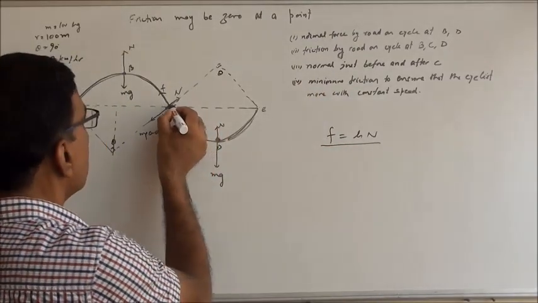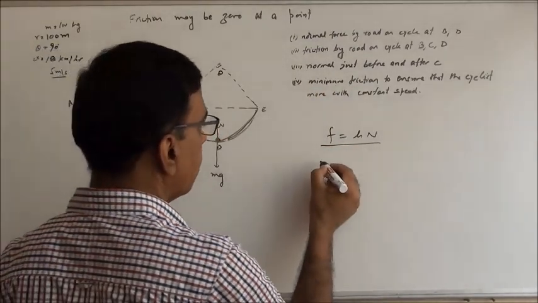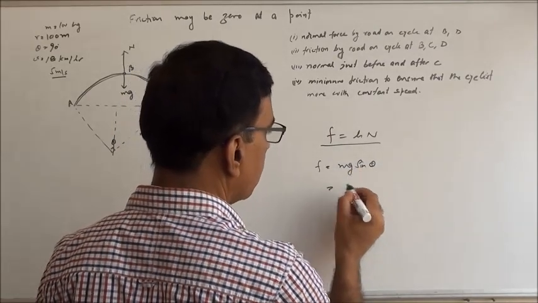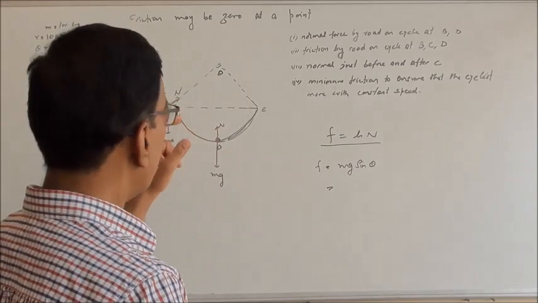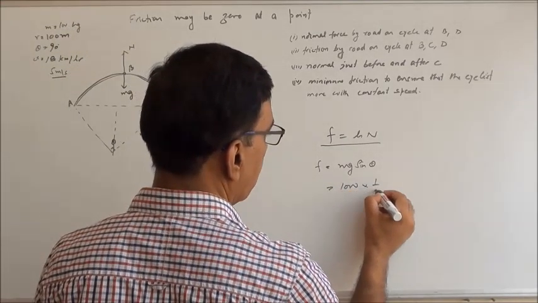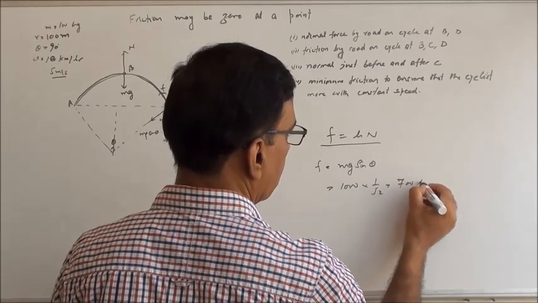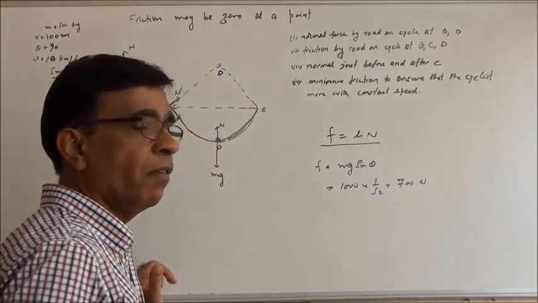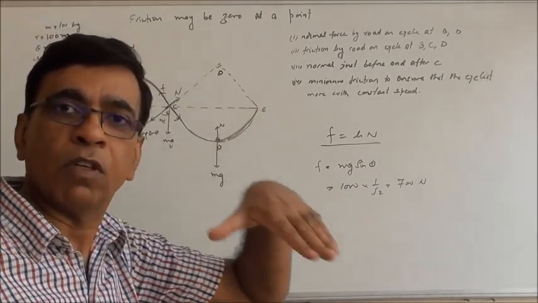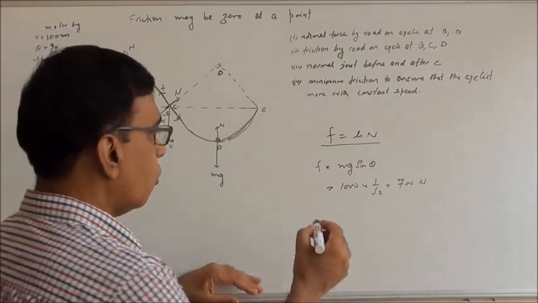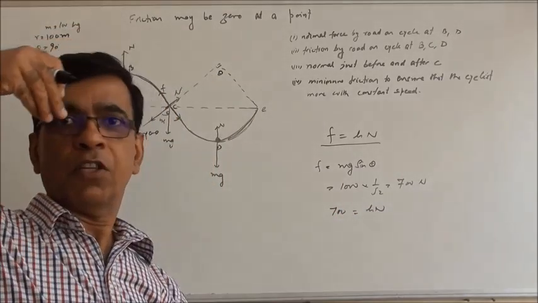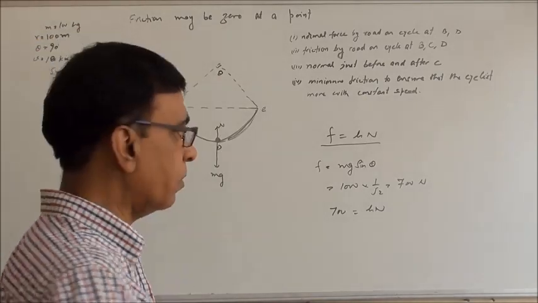What is the frictional force acting at any point? F is mg sin theta, because it is moving with constant speed. At this point the minimum is at C, so it is 1000 times 1 by root 2, so 700 Newton. Right? 700 Newton is the force acting in the downward direction along this, and this should be balanced by the frictional force for not slipping.